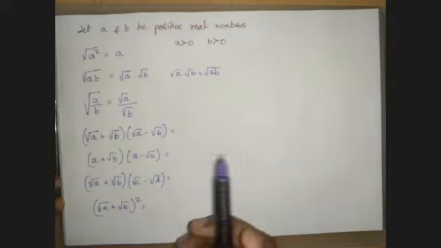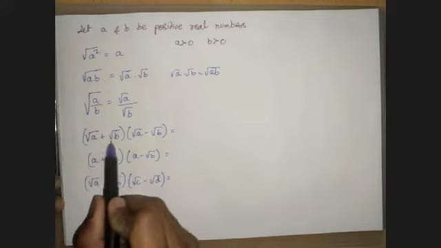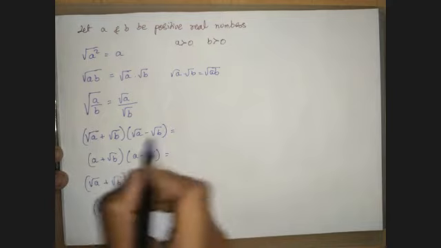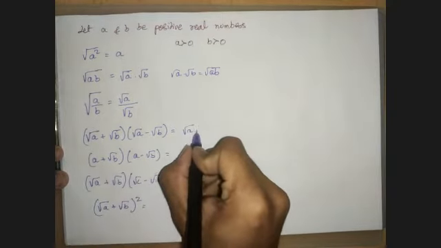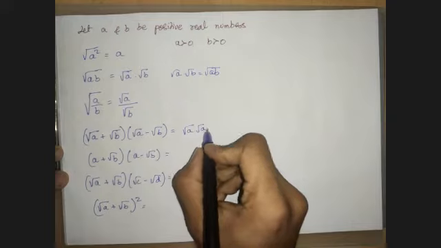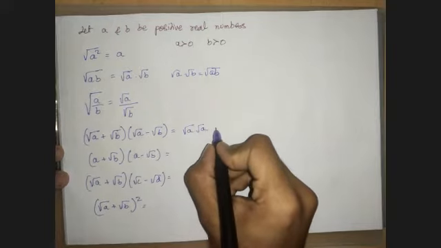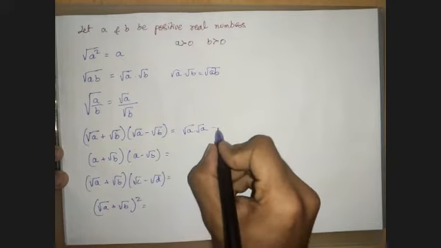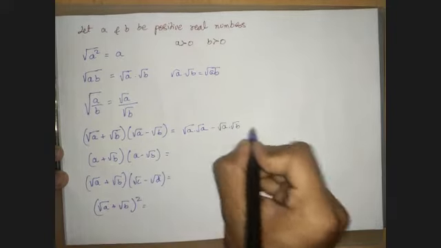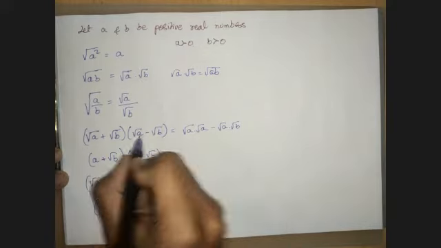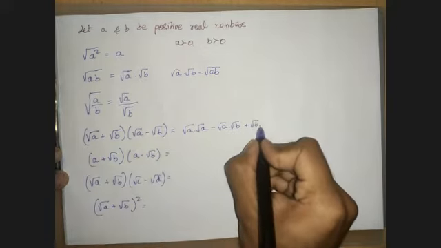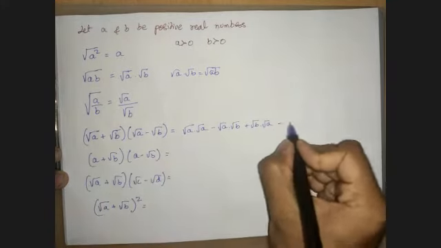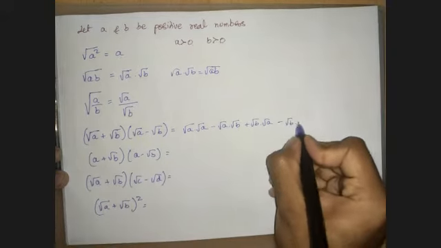Right? Now let us look at root a plus root b into root a minus root b. So how do I do this? Root a into root a is root a square. Then root a into minus root b, minus of root a into root b, and root b into root a, plus root b into root a, then minus of root b into root b.